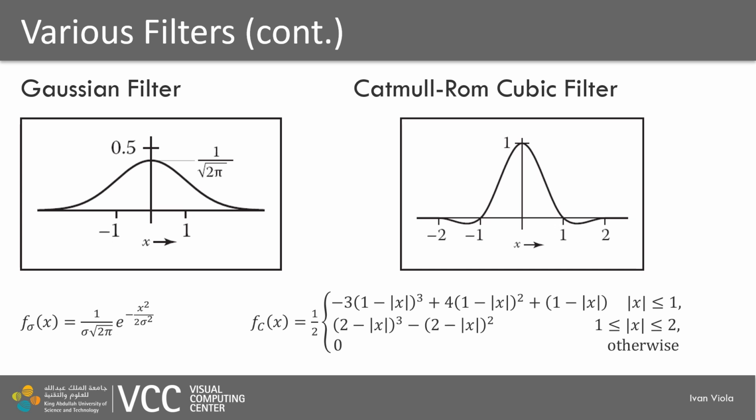It is based on the exponential function, the Gaussian function, or the normal distribution function as we know it, where we describe the exponential function by its mean value and by the variance expressed by the sigma.